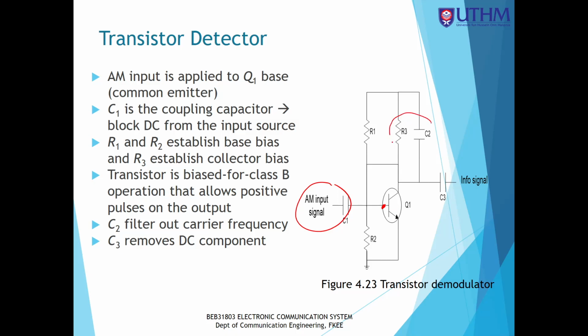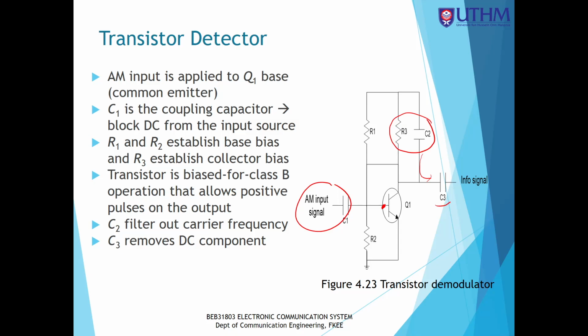And here we have the RC tank circuit, which will discharge during the reverse bias of the transistor. So during the reverse bias of the transistor, it will discharge and provide the other half of the output.